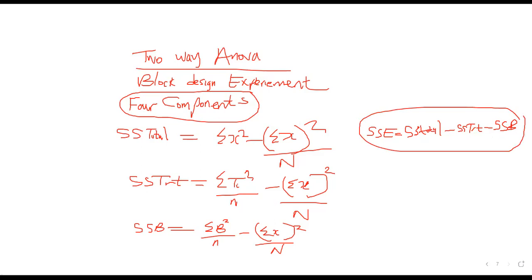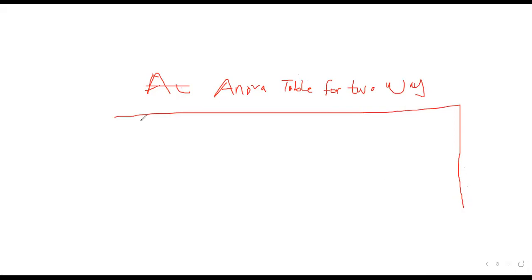Now getting down to the analysis of variance table for two-way ANOVA. So we have the ANOVA table for two-way, and we have this table here.